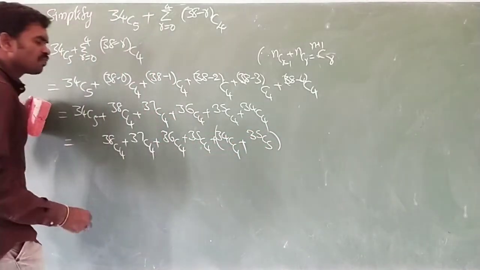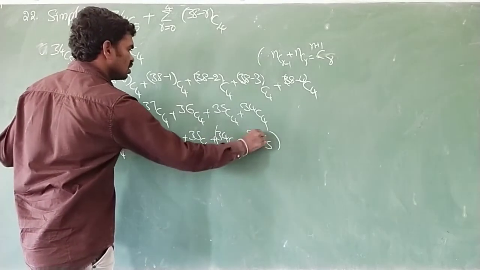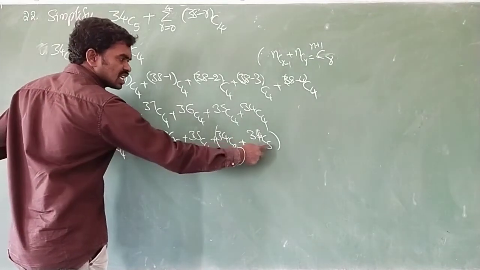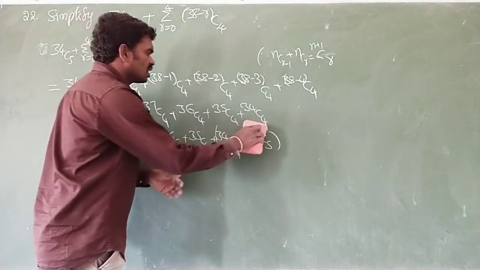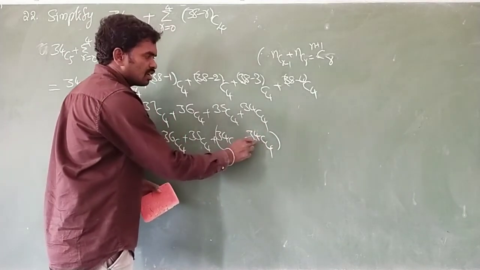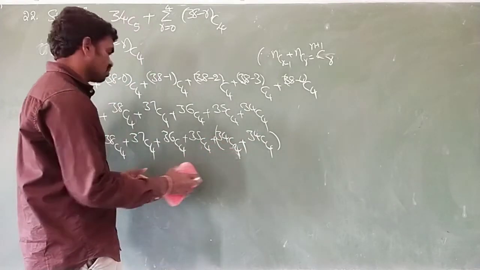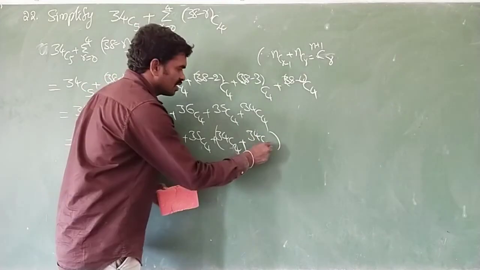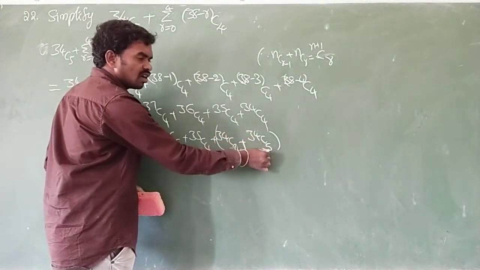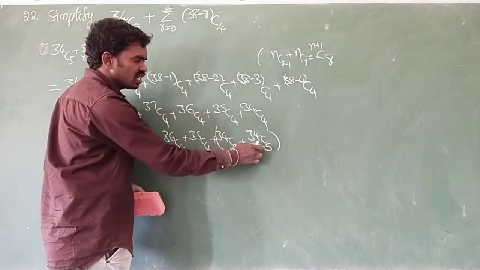See, using these two, which formula can we apply? If 34C4 is nCr minus 1, with n meaning 34 and r meaning 4, then 34C5 is nCr, that's why it is 5 and 4.